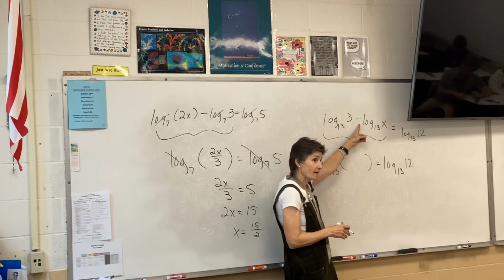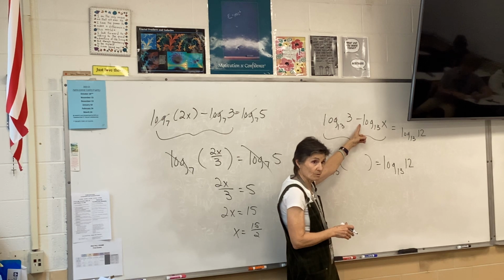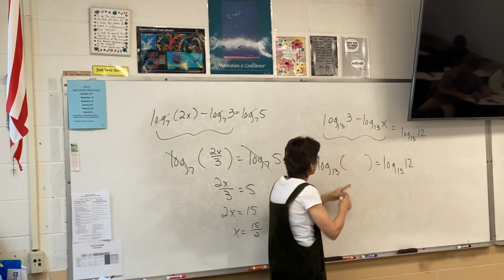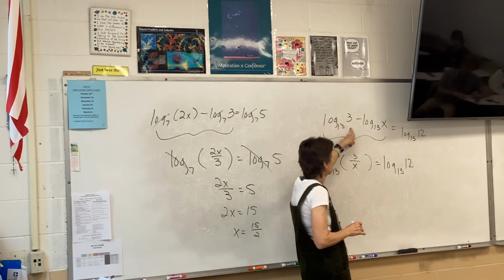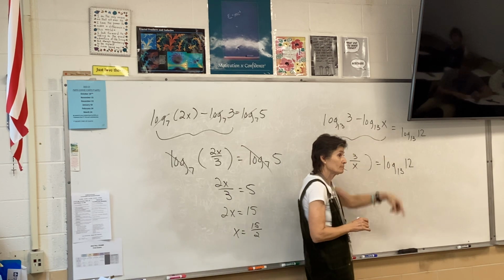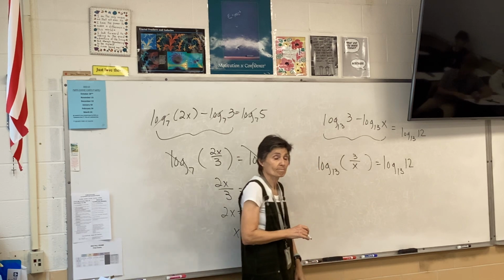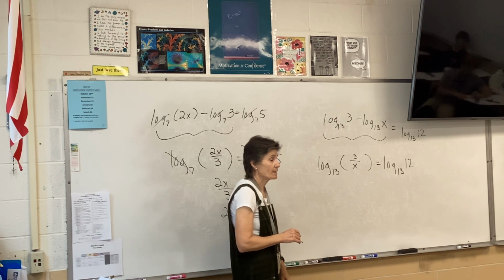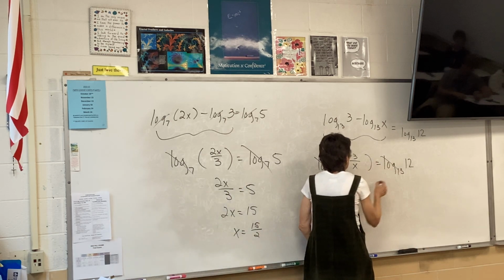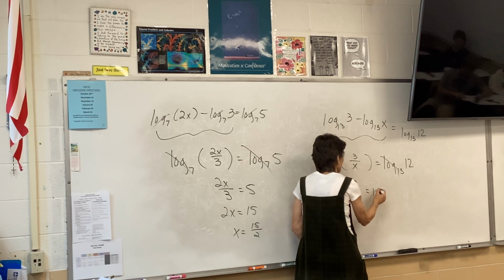What is it in this case? It's another divide. So in here is going to go 3 divided by x. It's always first divided by second. Now, can I drop the logs at this point? Yep. So 3 over x equals 12.